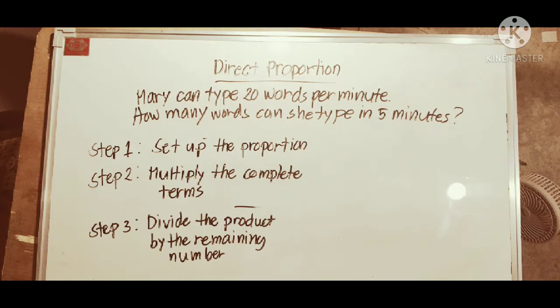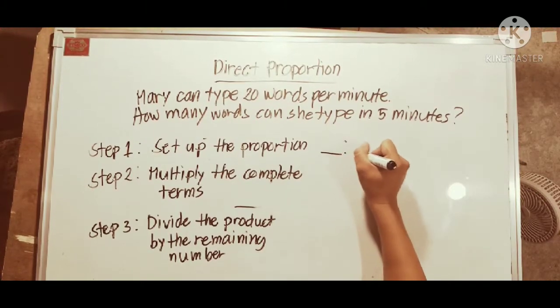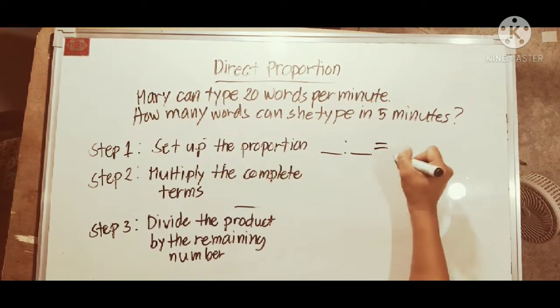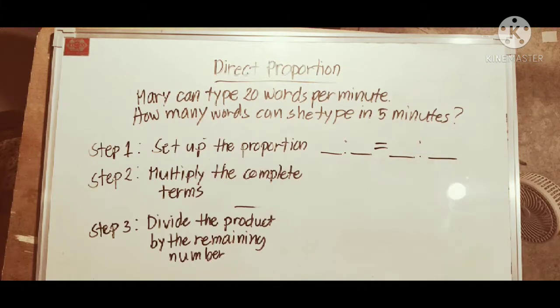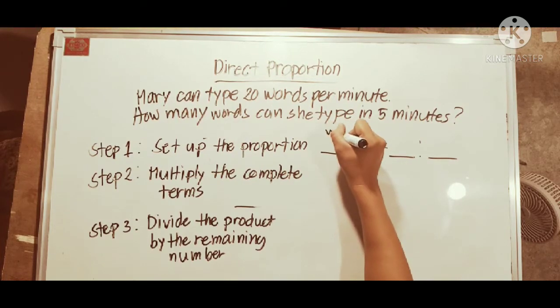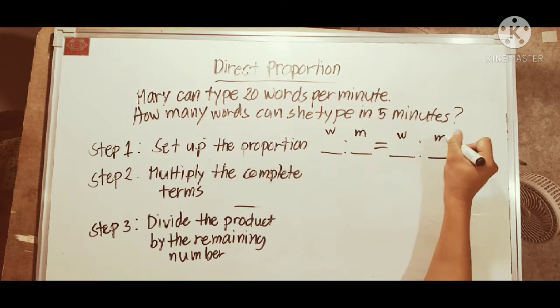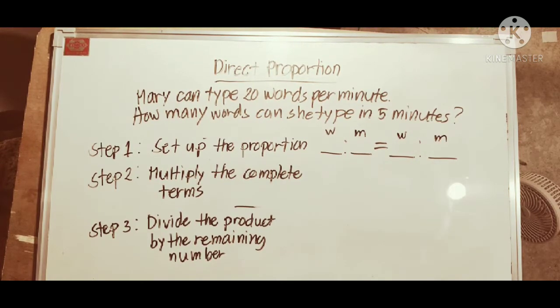And so now we put the numbers that we see in the problem in this proportion. If we're gonna look at the problem, parang dalawang numbers na nakikita natin. Pero tatlo yan. So, 20 words, gano'n daw niya kabilis na type yan? Per minute.